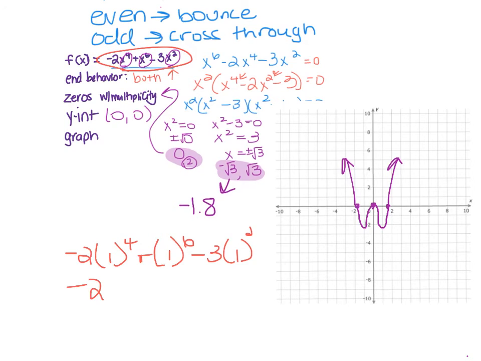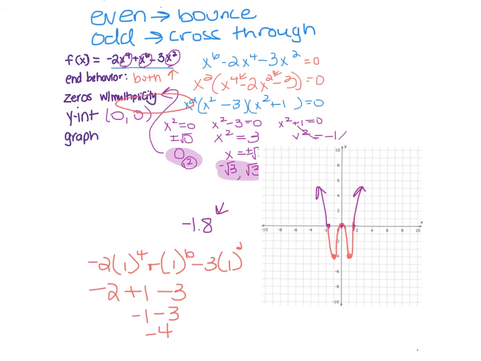I get negative 2 plus 1 minus 3, or negative 1 minus 3, which is negative 4. So now I know how far down to go on these loops, which is negative 4. So I go down, come back up, go down, and come back up. And that's what the graph should look like.